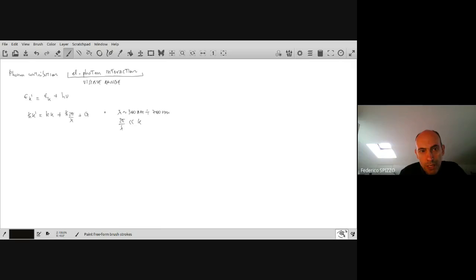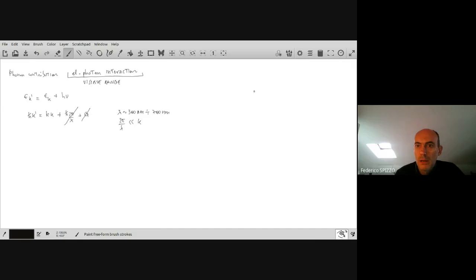So in this situation, we may neglect the contribution of the photon momentum. Due to that, we do not need G to fulfill this equation. So at the end, the final wave vector of the electron is nearly equal to the initial one. So in this kind of interaction, we have just the change of the energy of the electron, but the wave vector of the electron is always the initial one.